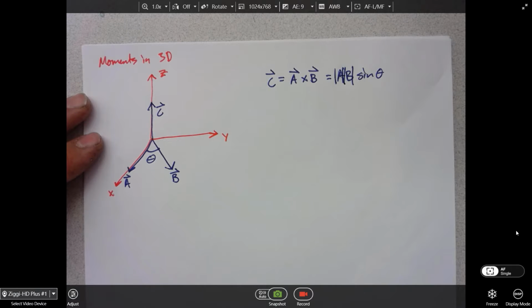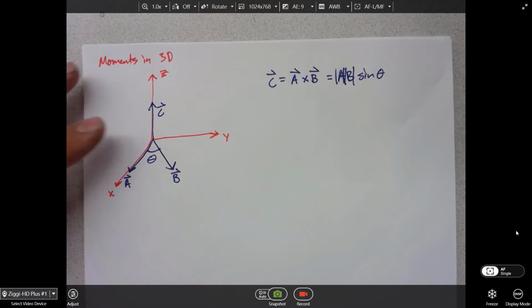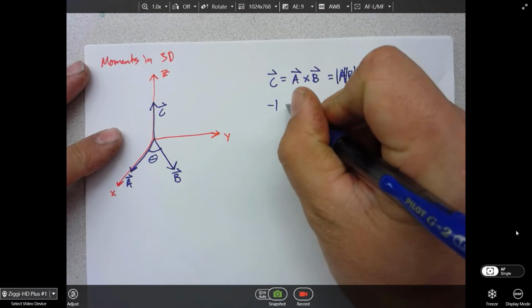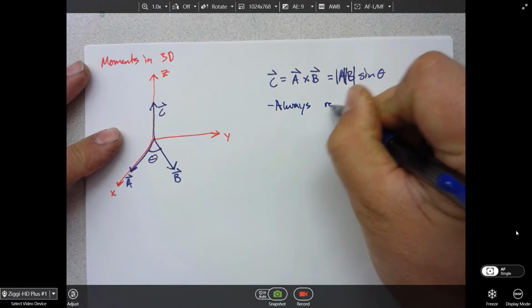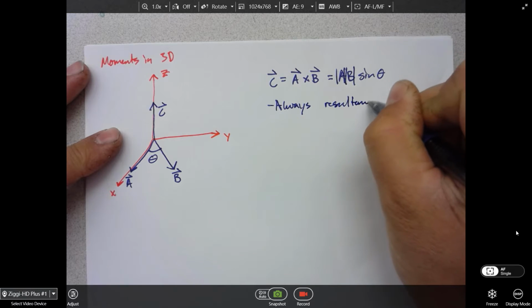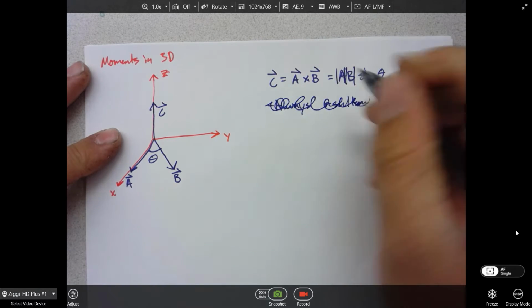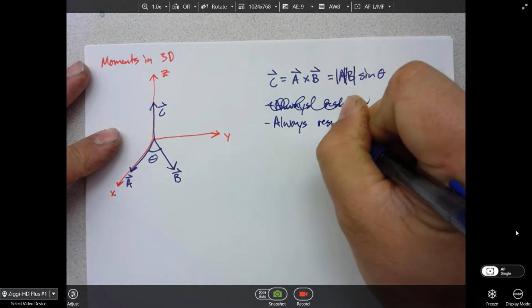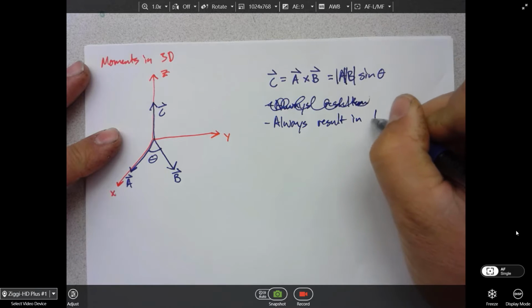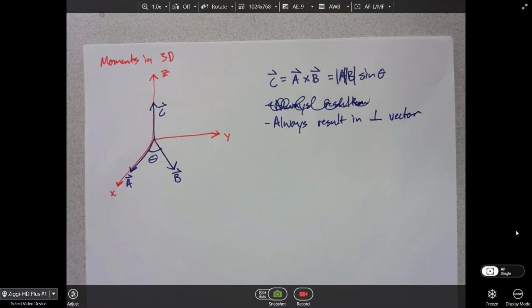A couple unique things you need to know about cross products is they always result in a perpendicular vector. So they follow the right-hand rule.